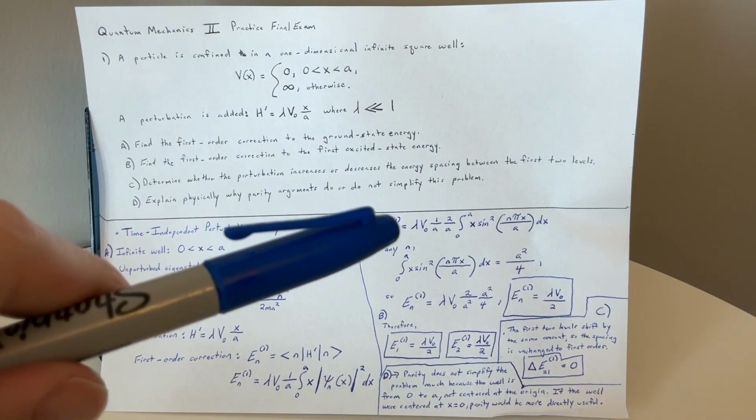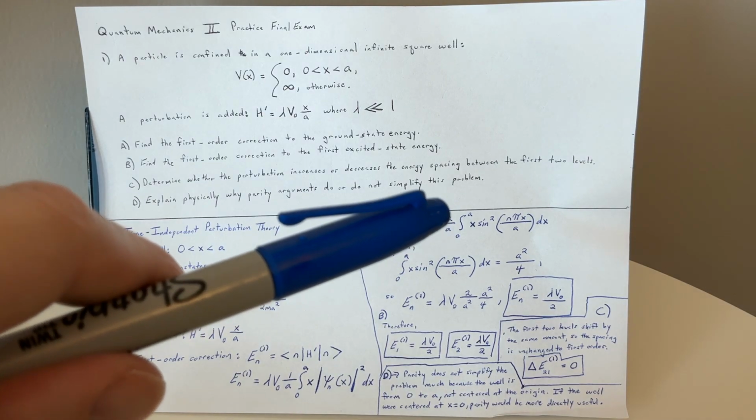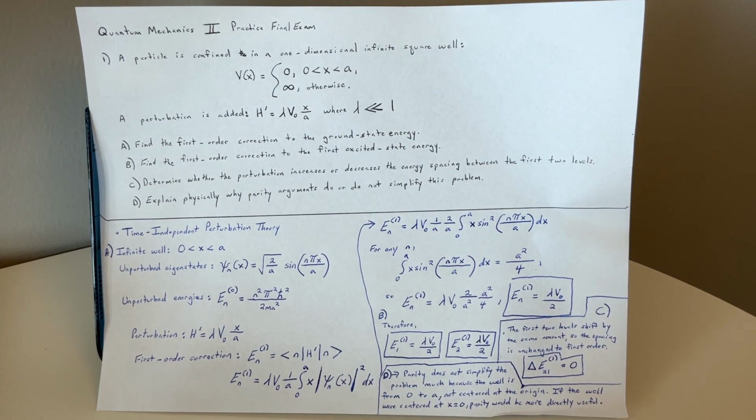We're going to have lambda v naught 1 over a times 2 over a, integral from 0 to a. The integral is going to be x, and then the modulus squared of psi n of x, so that's going to become sine squared n pi x over a.